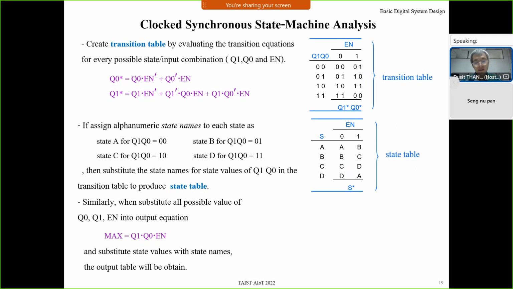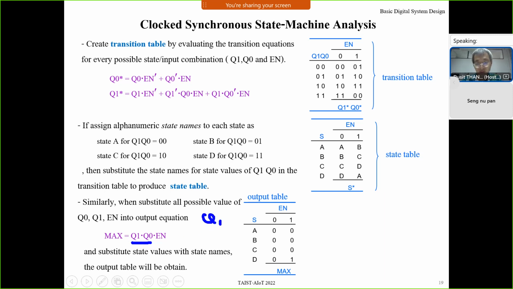Okay, by the way, the output equation also depends on Q1, Q0, right? Namely Q1, Q0 when it's 0, 0, 0, 1, 1, 0, and 1, 1. The output will be 1 when?